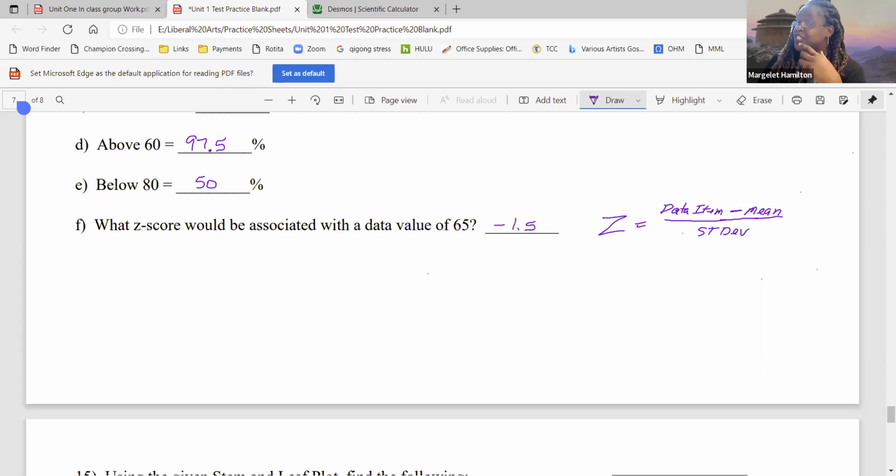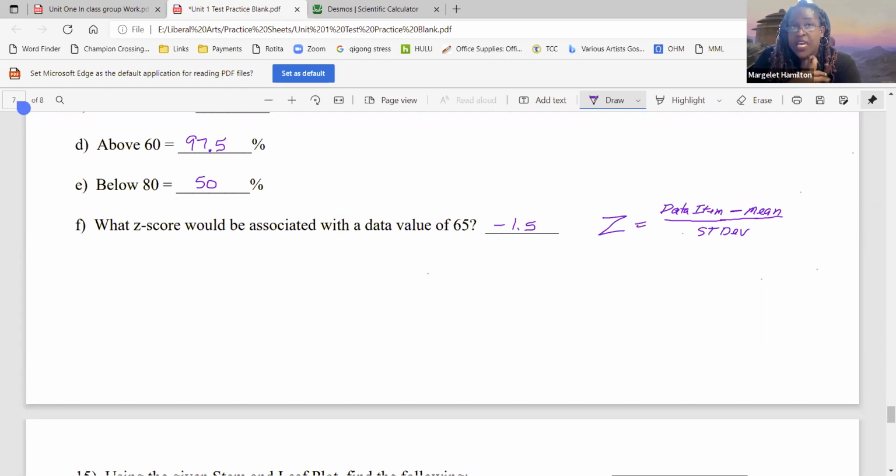So if they just ask you to find your z-score, or find the data item related to it, then you might just need to use this formula. Some people go ahead and draw the graph because they like the pictorial version. But I want to warn you, sometimes the z-score is not very clearly seen on your graph.